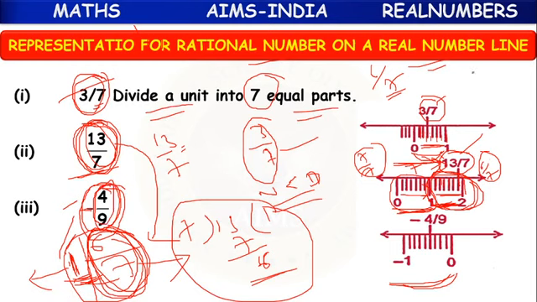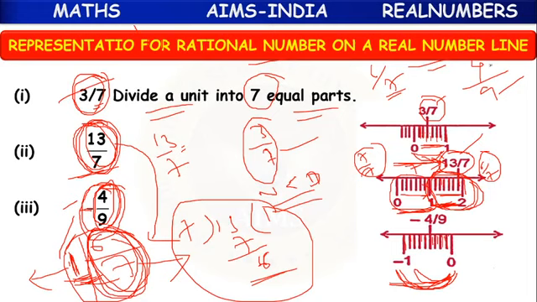In 4 by 9, the denominator is 9, so the unit value from 0 to minus 1 is to be divided into 9 equal parts: 1, 2, 3, 4, 5, 6, 7, 8, 9. Whenever we count the position, we count from 0.